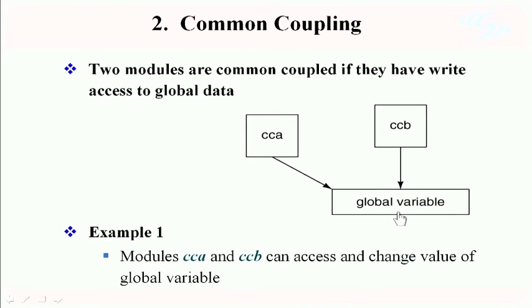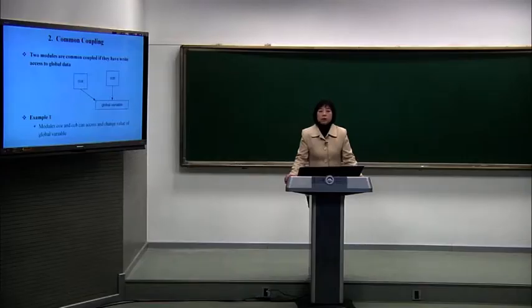Well, this is quite common in structured programming with the use of global variables. All of us have experience of structured programming, and sometimes we need some common, global data that can be accessed from different modules, from different functions. So normally, the solution will be global variables.